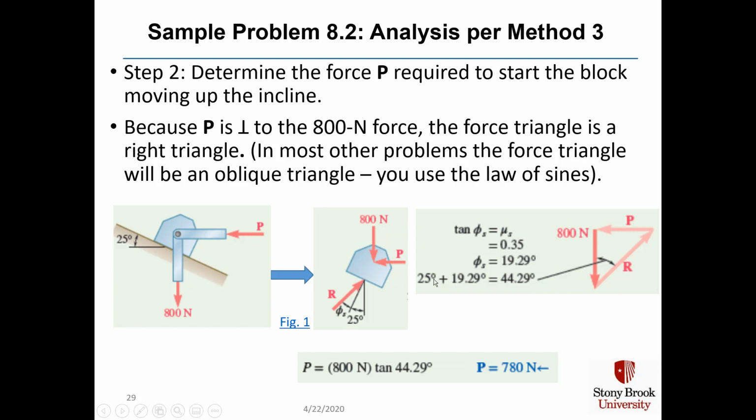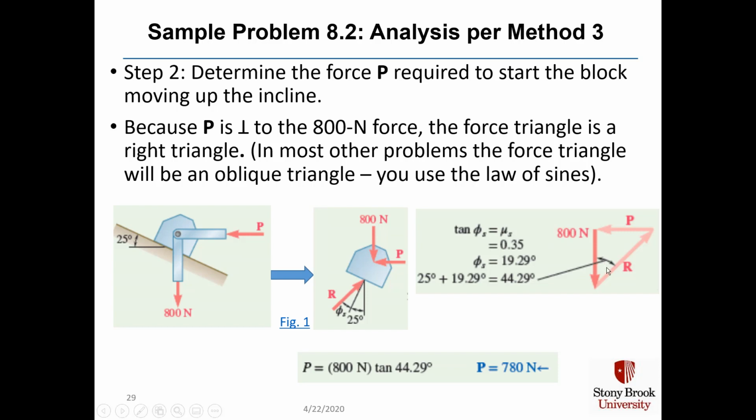You add the 25-degree angle for the incline plus your friction angle, 19.29 degrees, and you calculate the friction angle as tangent of the friction angle is just equal to mu sub s, the coefficient of static friction, which is 0.35, and the arctangent of 0.35 is 19.29 degrees.